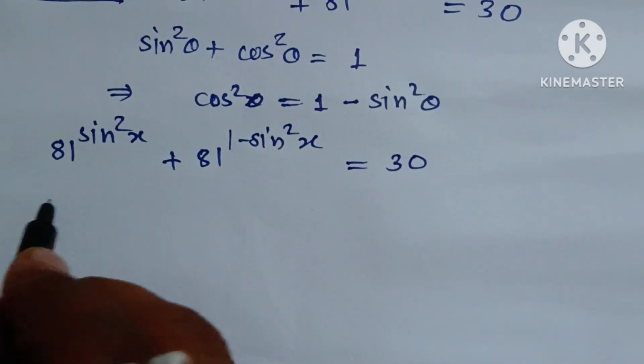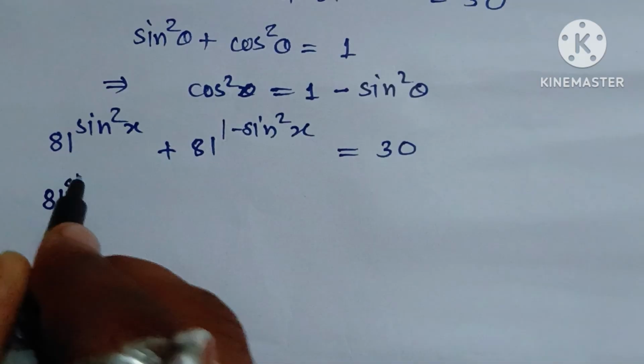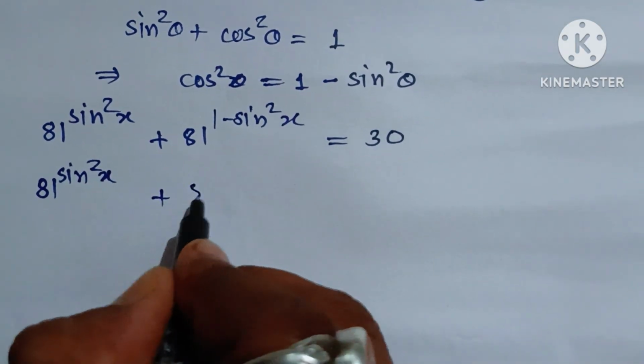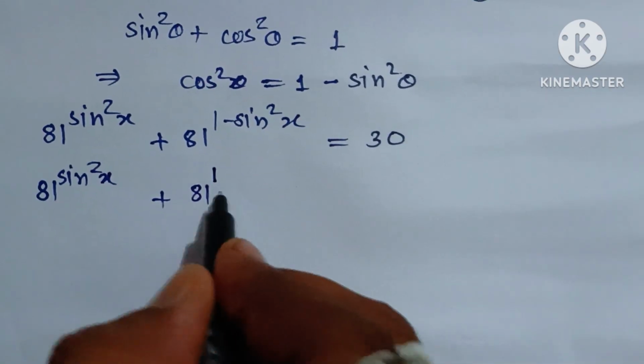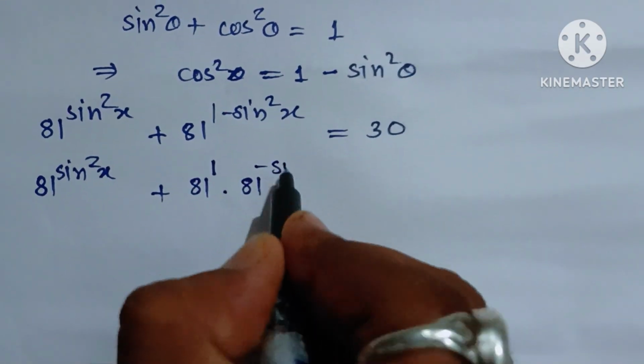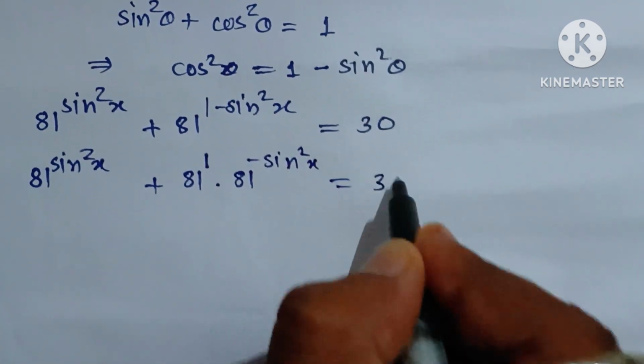Now we will write 81 to the power sin²x plus 81 to the power 1 into 81 to the power minus sin²x equal to 30.